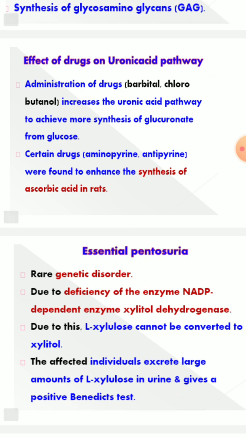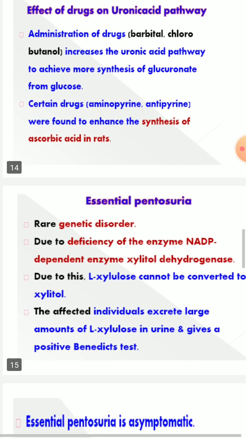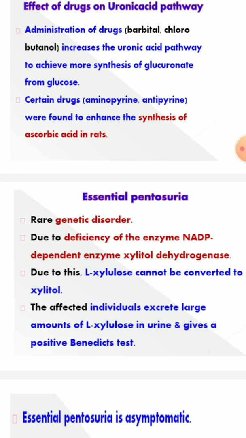Coming to pentosuria, how does it happen? It is a rare genetic disorder, mainly occurring due to the deficiency of the NADP plus dependent enzyme xylitol dehydrogenase.